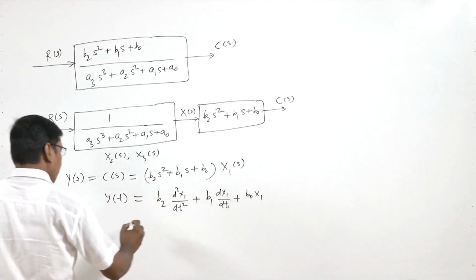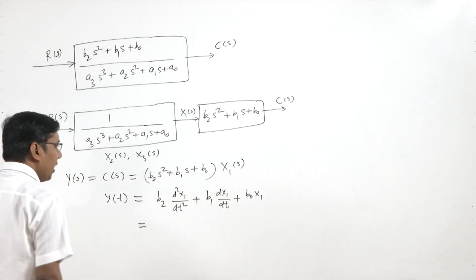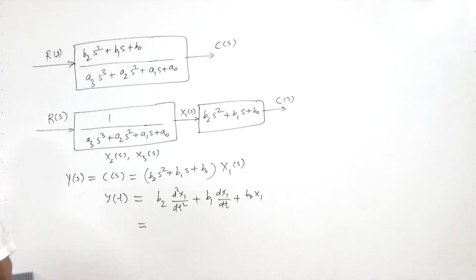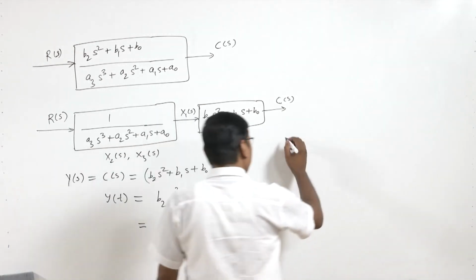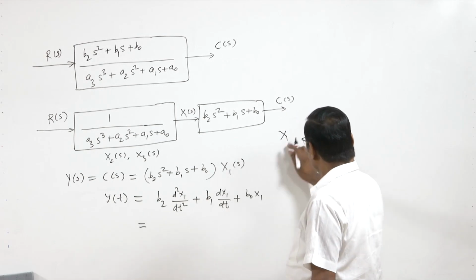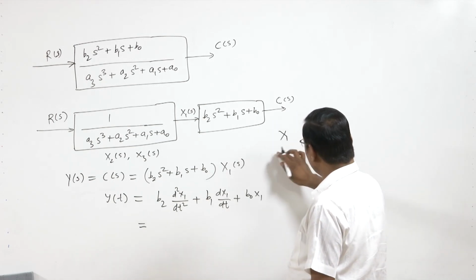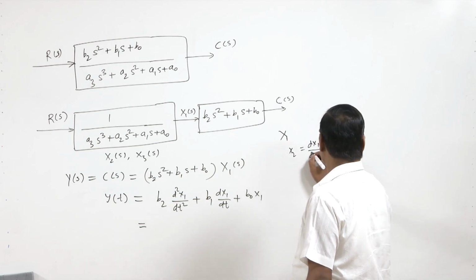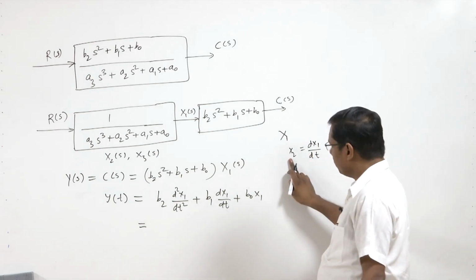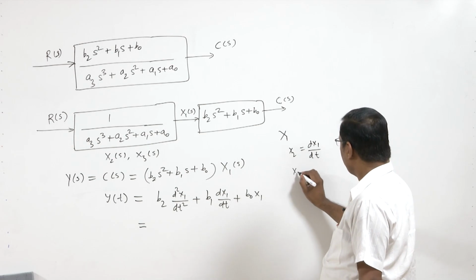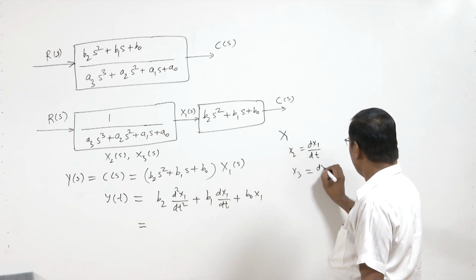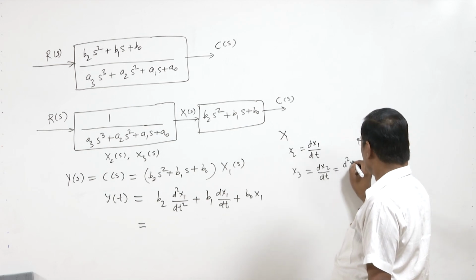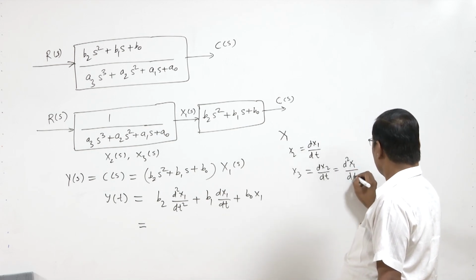Here, because we have selected x1 as the state variable, x2 equal to dx1 by dt is the next state variable, and x3 equal to dx2 by dt, that is d square x1 by dt square.